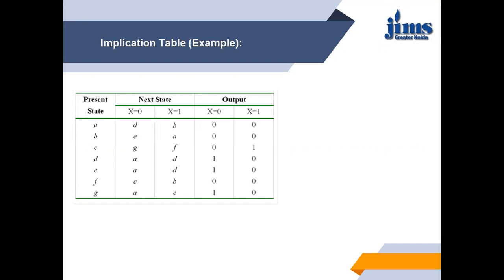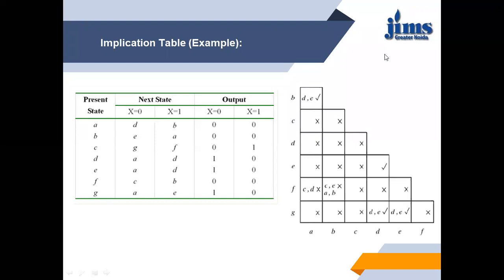So we make an implication table like this. On the y-axis we leave out the first state a and start with b, c, d, e, f, g, and on the x-axis we leave out the last state and start with a, b, c, d, e, f. So you make a table like this.